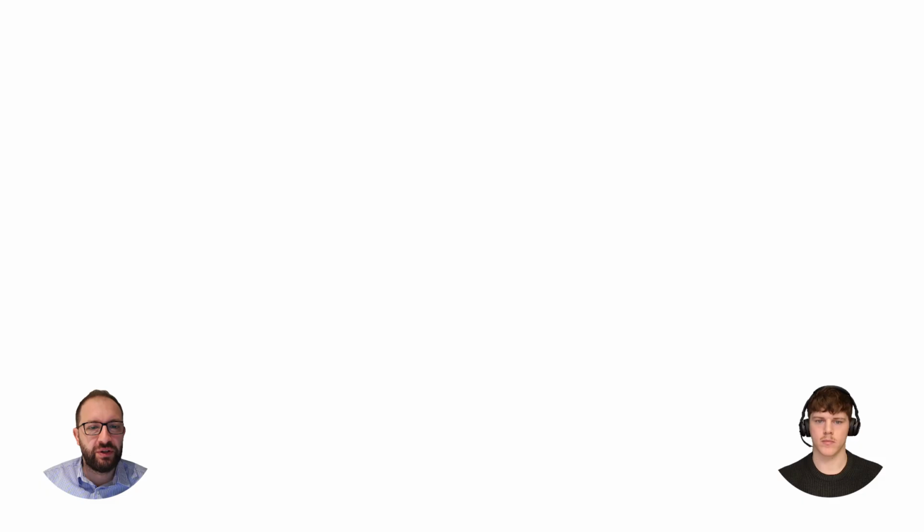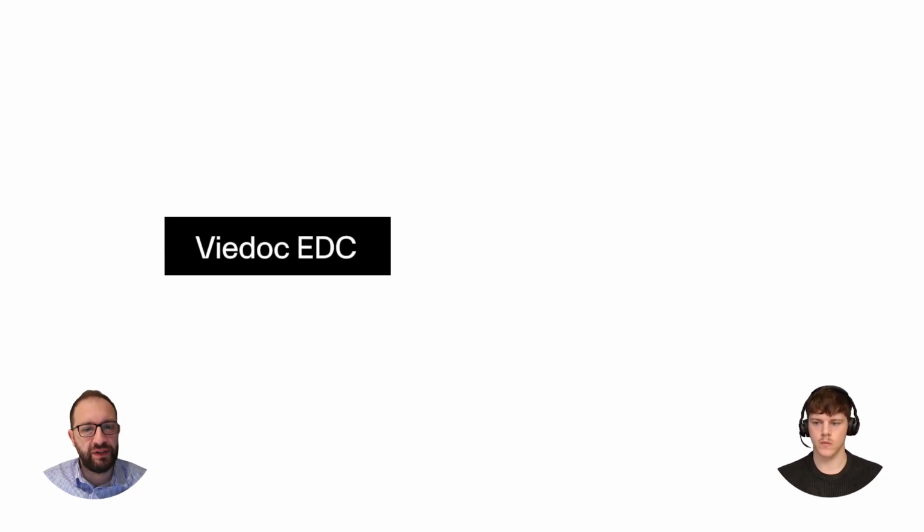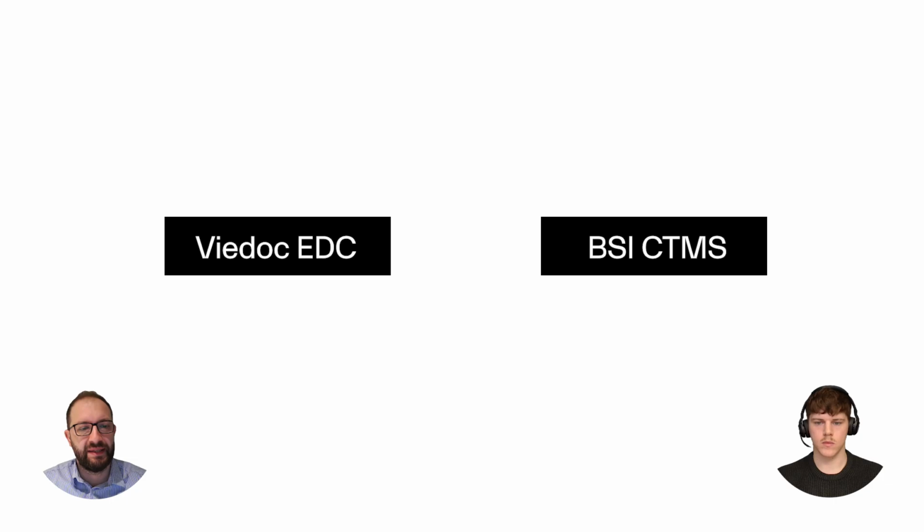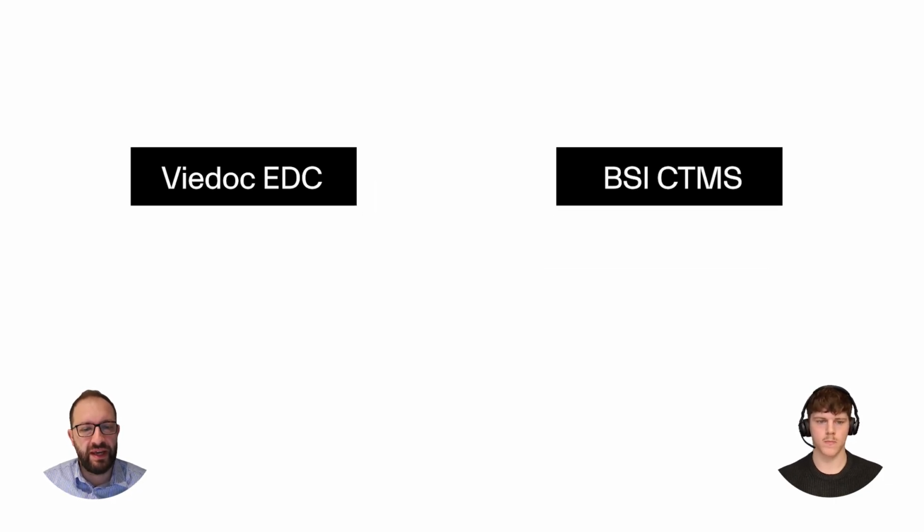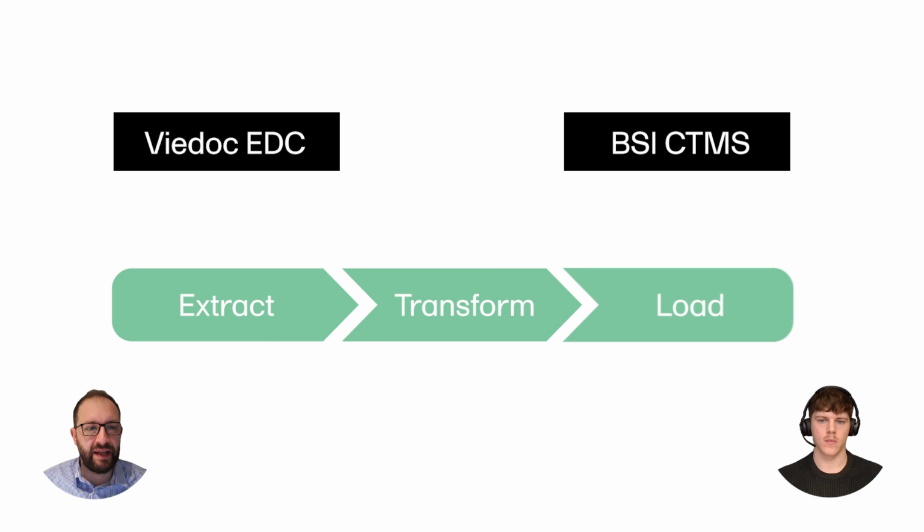So the integration we're going to talk about today is a specific integration between the Viedoc EDC system and BSI CTMS system. And again, these integrations follow the ETL pipeline data integration. So we have an extract step, we have a transform step, we have a load step that do specific work in this integration.